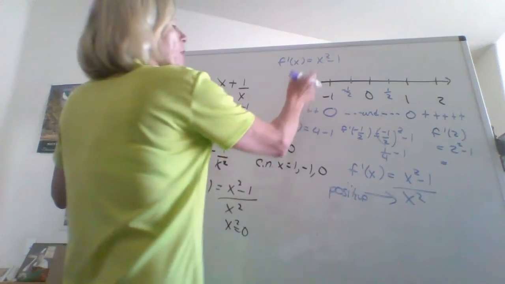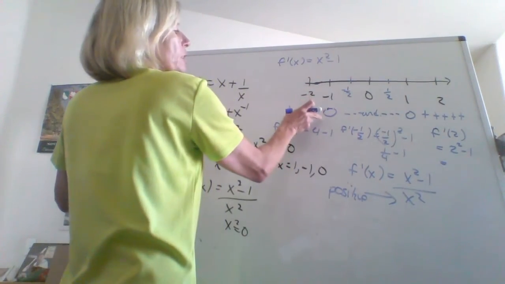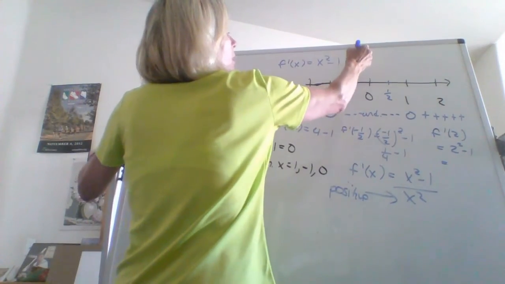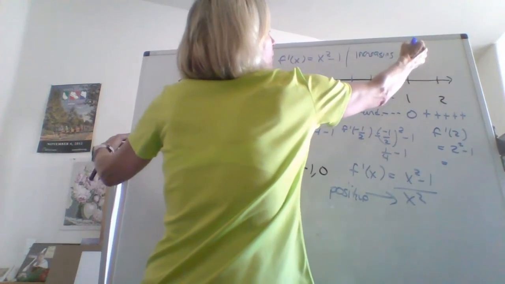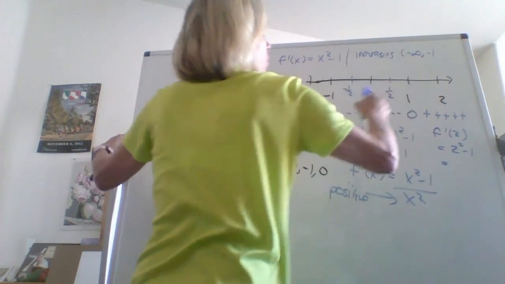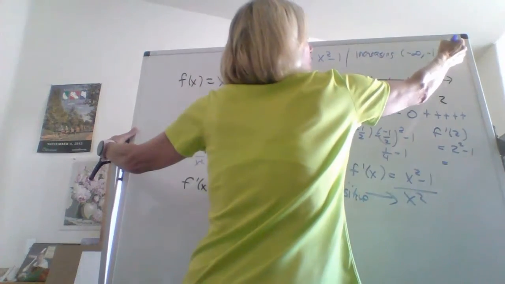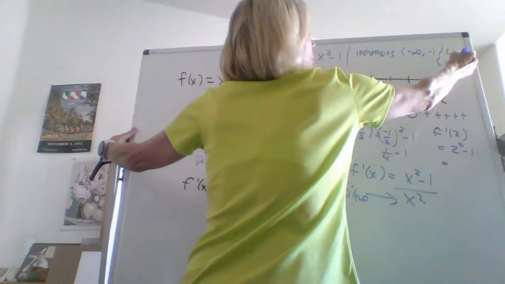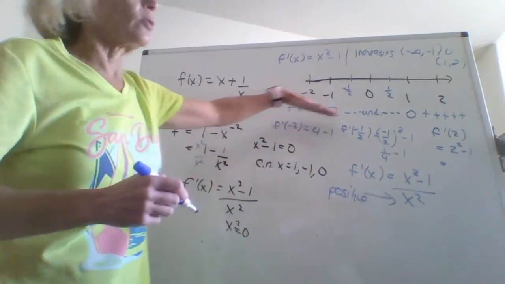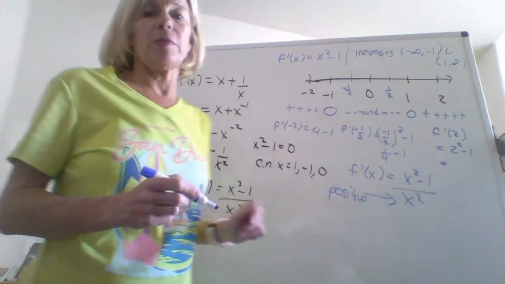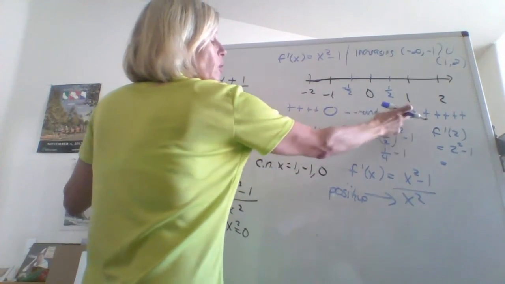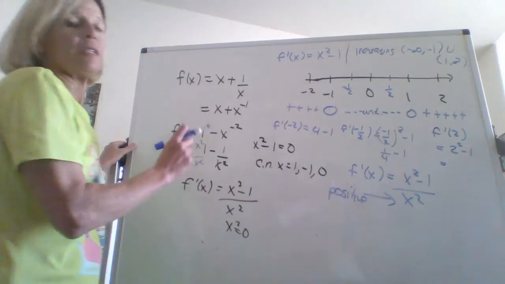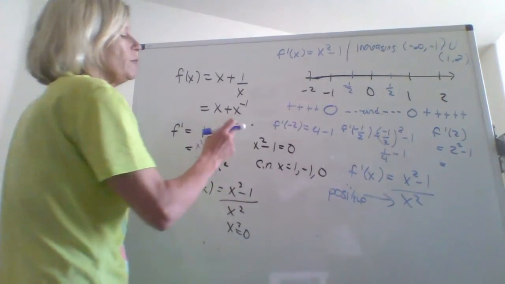So I've got my function. My function is increasing from negative infinity to negative 1, union 1 to infinity, because those are the two places where the derivative is positive. I'm not going to include 0, so I'm going to write 2 intervals here because at 0 the function is undefined.